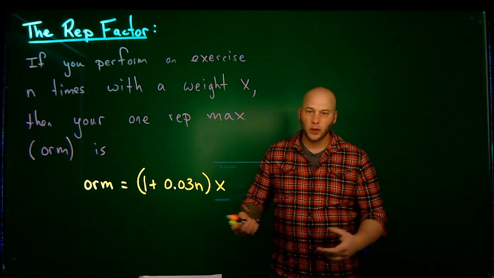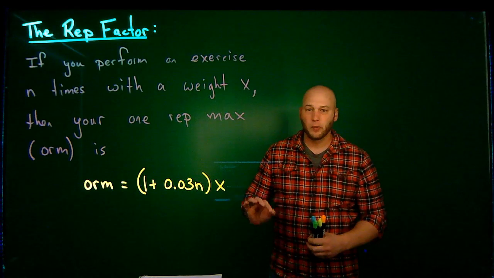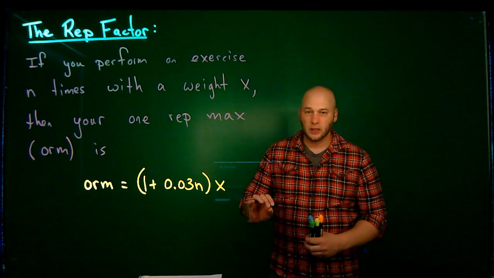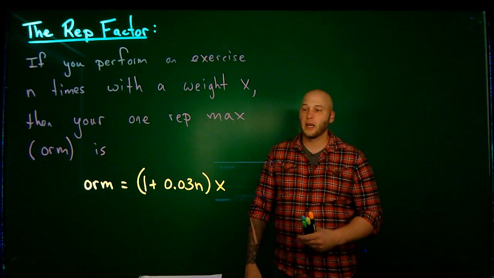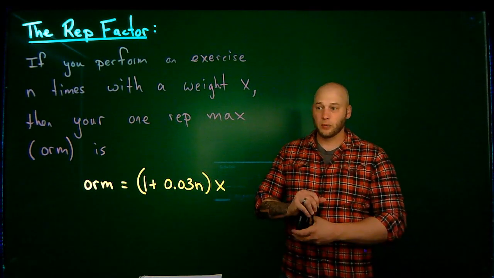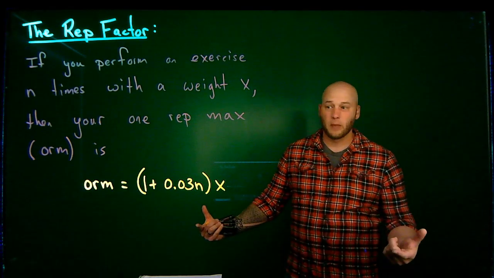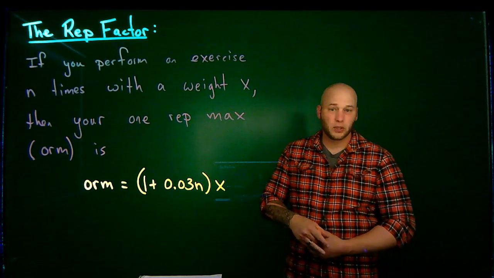Now, just a quick caveat, I have not done any research on if it's exactly 3%, if it's 2.9%, 3.1%. Maybe it's different for different exercises. Maybe it's more dramatic for squats, like maybe it's 4%, and maybe for bench press it's 2.7%.